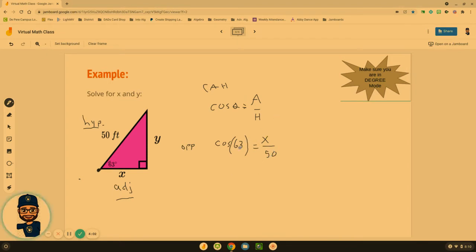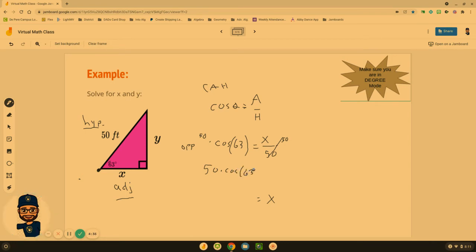Now, yesterday we learned that cosine of 63 is some random decimal that we could calculate. If we're trying to get x by itself, I want to solve for x. I have to get rid of dividing by 50, which means I'm going to multiply both sides by 50, so x equals 50 times the cosine of 63.